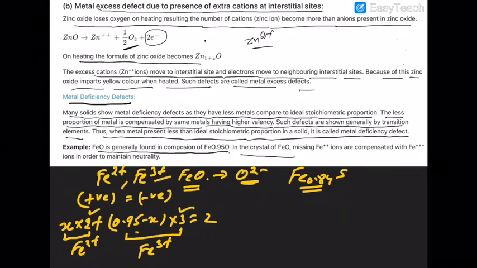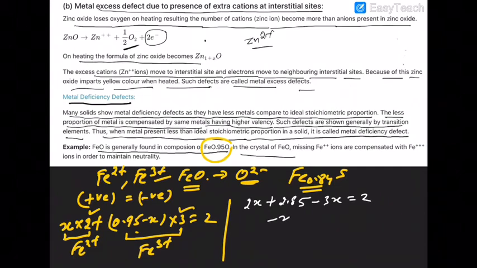So total composition is 0.95 and it is given there. Out of 0.95, Fe2+ is X and Fe3+ is 0.95 minus X. You calculate that. On calculation, you get 2X plus 2.85 minus 3X equal to 2.